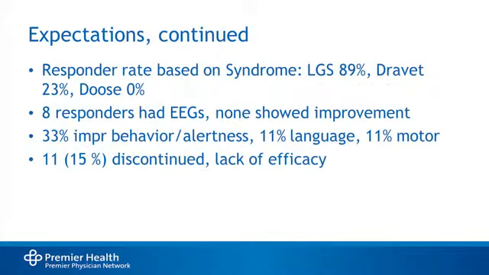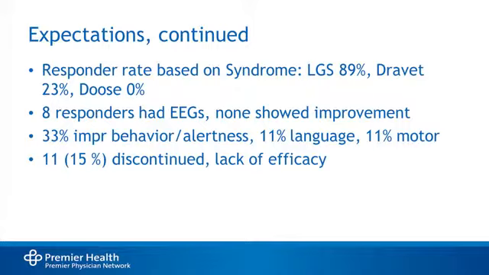The responder rate also varied based on the syndrome being studied. Lennox-Gastaut syndrome patients experienced an 89% responder rate. Patients with Dravet syndrome experienced a 23% responder rate, but no patients with Doose syndrome experienced improvement at that level. 8 responders had EEGs, but none of them showed improvement in the baseline EEG.